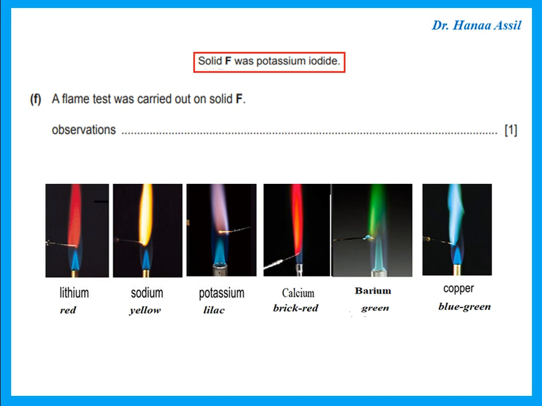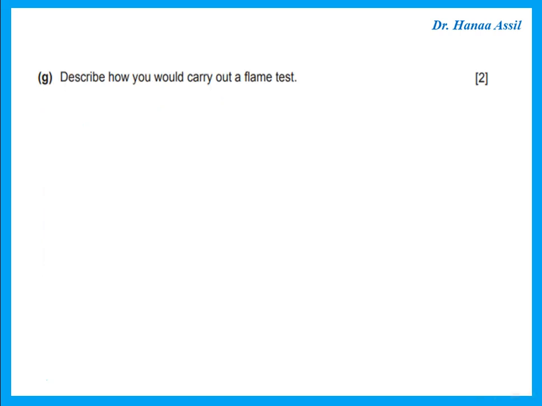So we had lithium gives red, sodium yellow, potassium should give what? Potassium gives a lilac flame, calcium gives what we call a brick red or orange red, barium gives green, sometimes they call it apple green or light green, copper gives blue green. So please learn these colors. Potassium gives lilac.